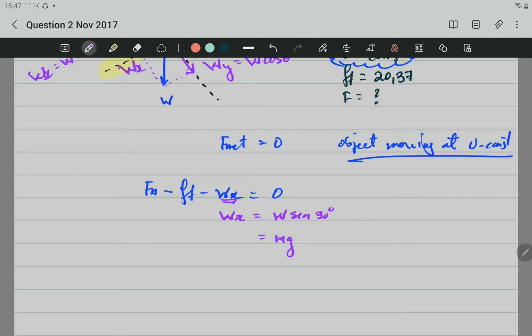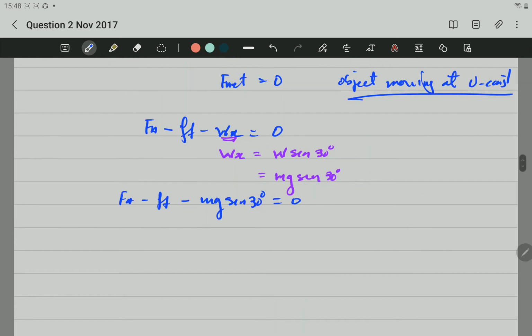Remember, weight is equal to the product of mass times acceleration due to gravity, multiplied by sine of 30 degrees. Then you may substitute all the formulas there. So you have the applied force minus the frictional force minus mg sine 30 degrees equal to 0. Then you can substitute all the data you have.